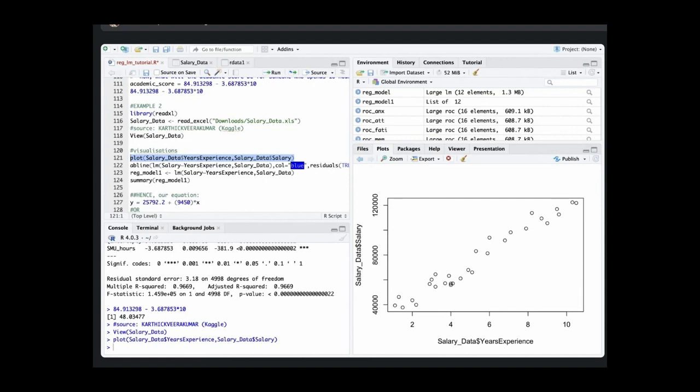The point where someone has around 11 or 12 years of experience, their salary is also quite high as compared to others. And vice versa, if someone has fewer years of experience, the salary is also low, somewhere around 40,000, 30,000. And then to add a regression line, I can just do this here.